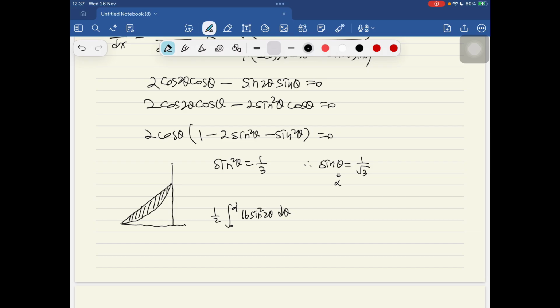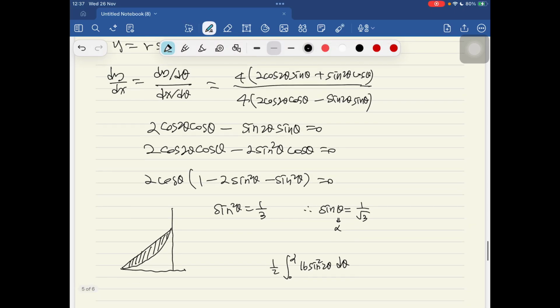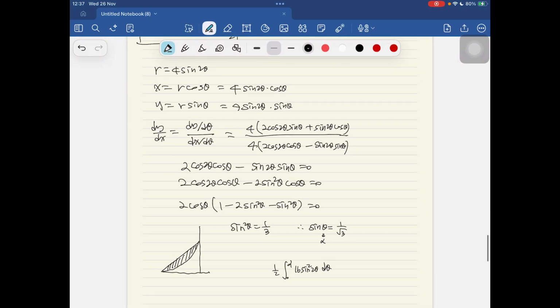So now we have this, and actually you can use the calculator. But anyway, let me continue a little bit. Cos theta is 1 over square root of 3, and we understand sine theta is 1 over square root of 3. Cos theta is square root of 2 over square root of 3. And for sine 2 theta, we can tell this size: 2 multiplied by sine theta and cos theta, square root of 2 over 3, so 8 square root of 2 over 3.